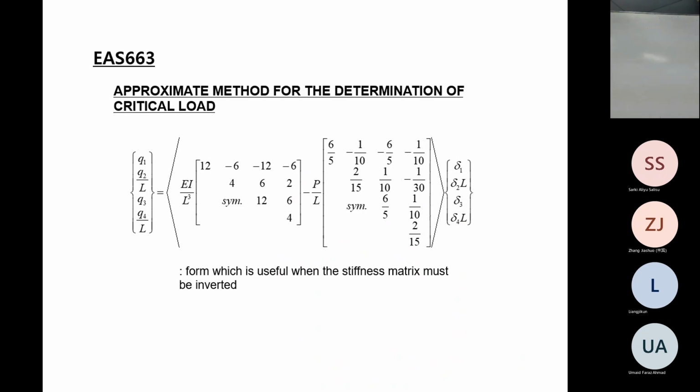But here, instead of element forces such as rotation, bending moment, we change it all into forces.